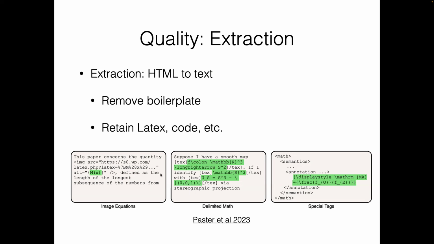And they also found that the default extraction libraries would just remove a lot of this math. By putting in extra effort to extract the math, they were able to get a lot more math data. That's the executive summary.